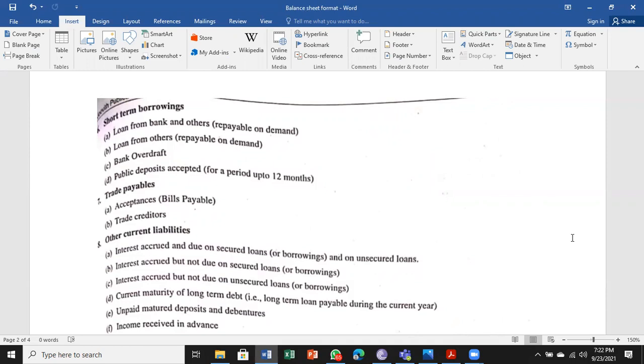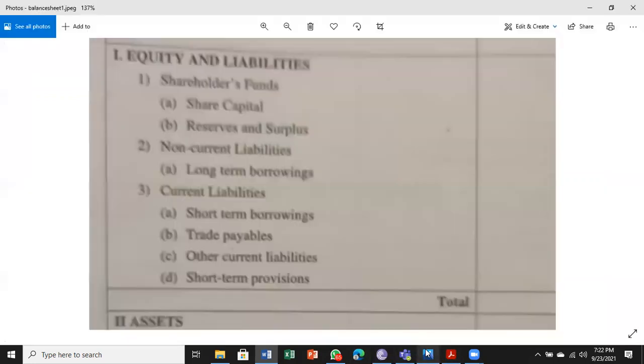It is a temporary loan, again short-term borrowing. Then public deposits. Companies may not usually accept them, but sometimes in an urgent situation, they may collect money for 6 months, 8 months. That is called public deposits, less than 12 months. So that is short-term borrowings, under current liability, A, short-term borrowings.